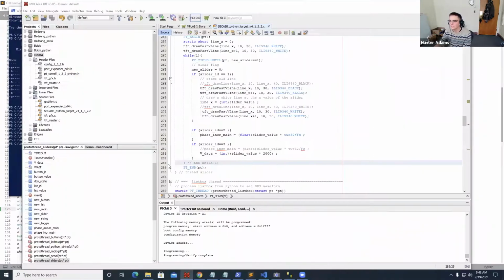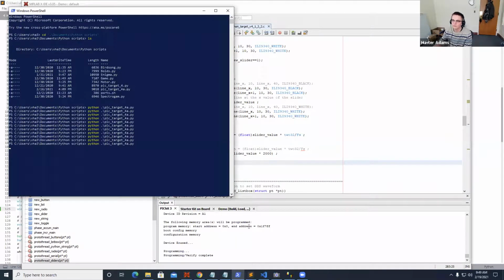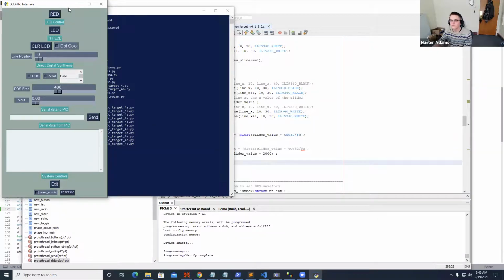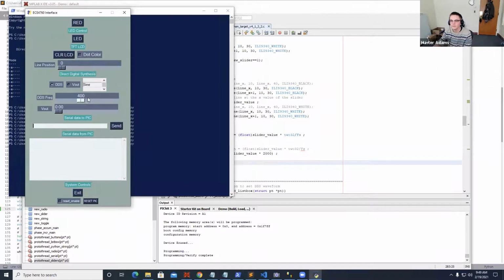So what's that sound and look like? This is exactly the same demo code. If I run this, this is the user interface that you've all been messing with. This is where we're setting our desired output frequency. If I unmute this, this is now going to be at 400 hertz.